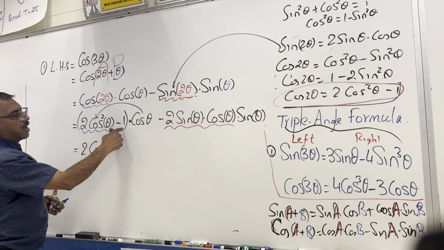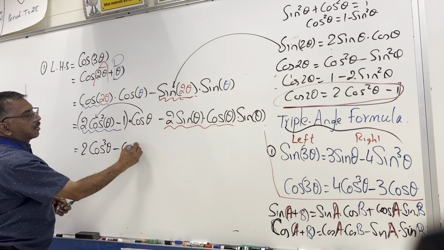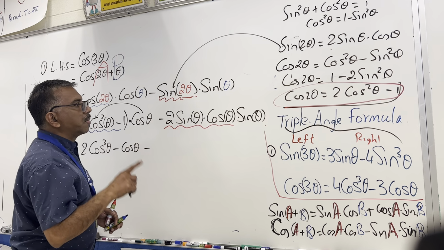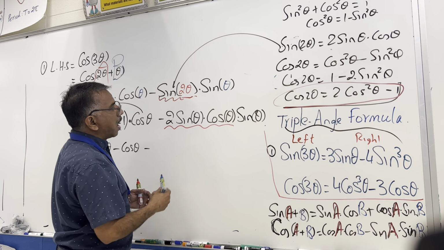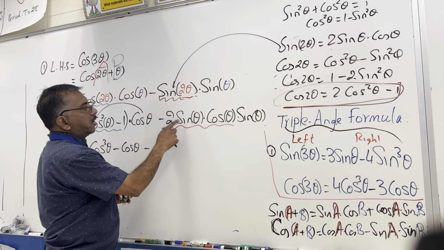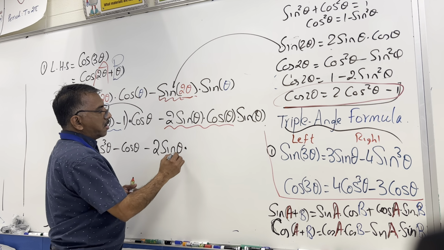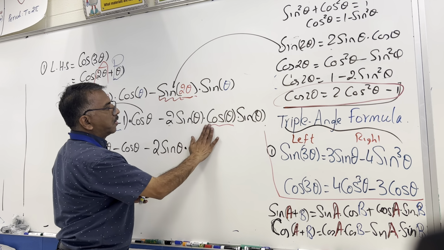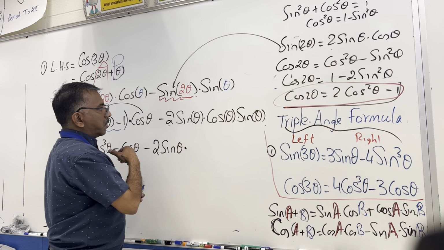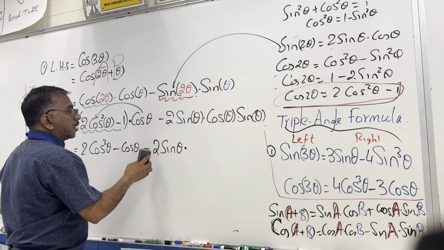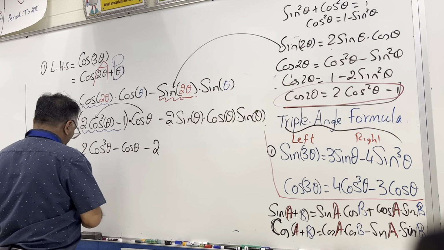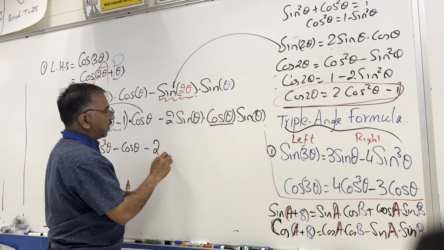This cosine theta into 1 is cosine theta. Okay? Now, I'm going to do one quick step here. This is minus 2 sine theta. Okay. Then you see this is already cosine. So, oh, I'm sorry. So there is going to be cosine. So this black cosine I'm going to write here.